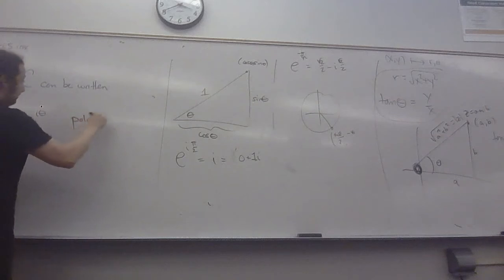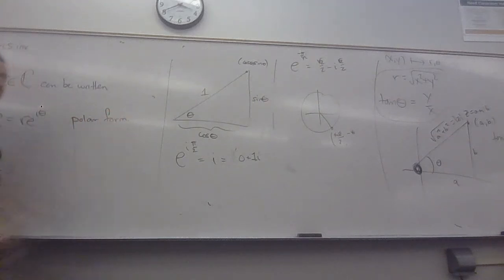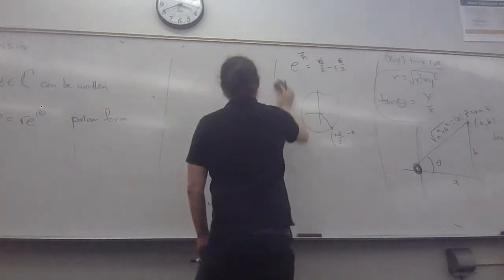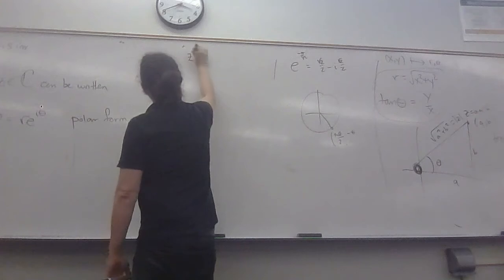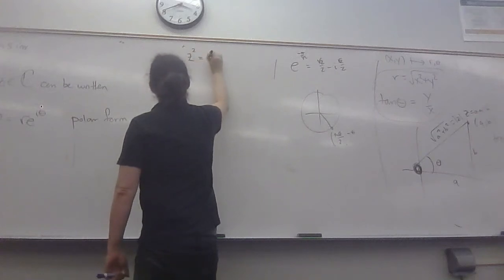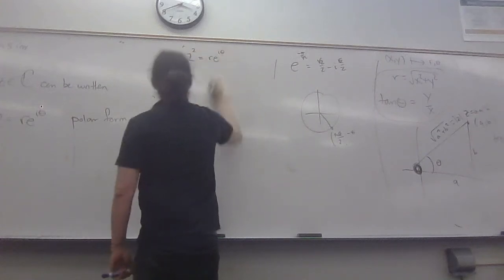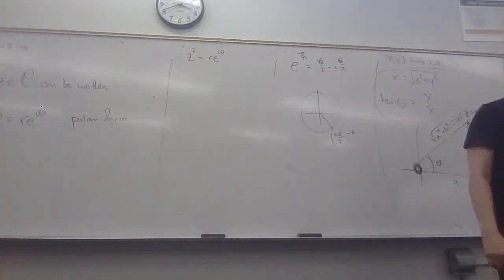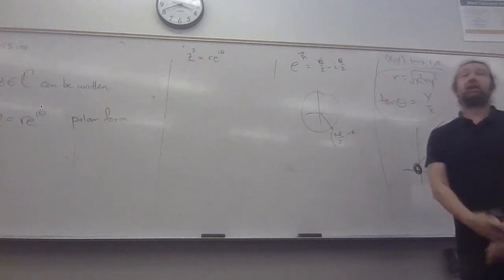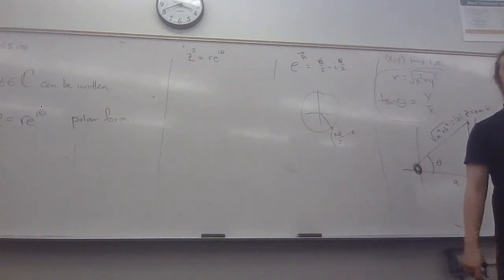Now, there were a lot of people that yelled at me last time about solving a quadratic equation with complex numbers in it, because it kind of sucked. But what would happen if instead I had this? What if I had z squared is equal to r e to the i theta? How many answers do you expect this equation to have? Two.